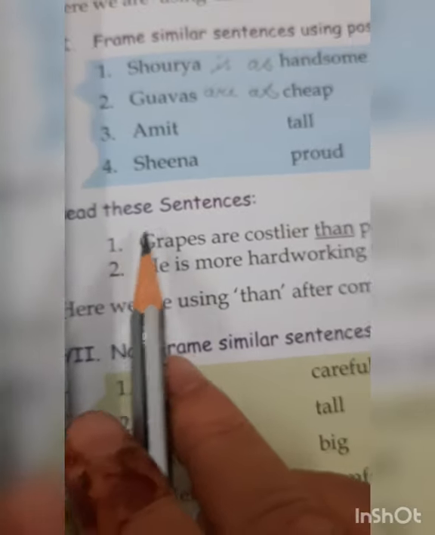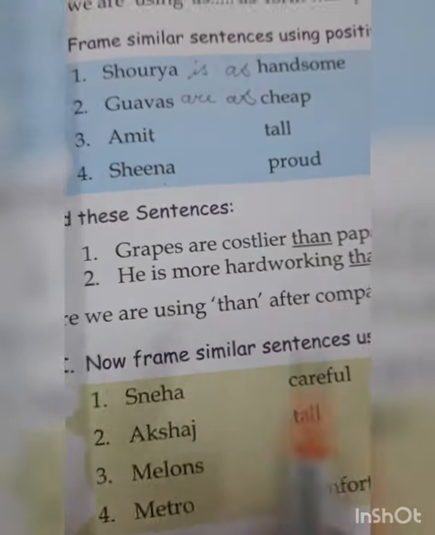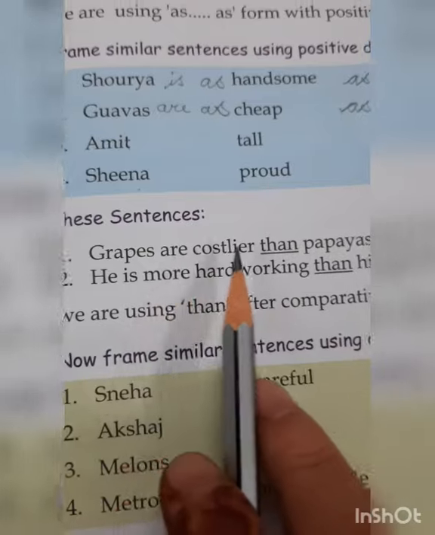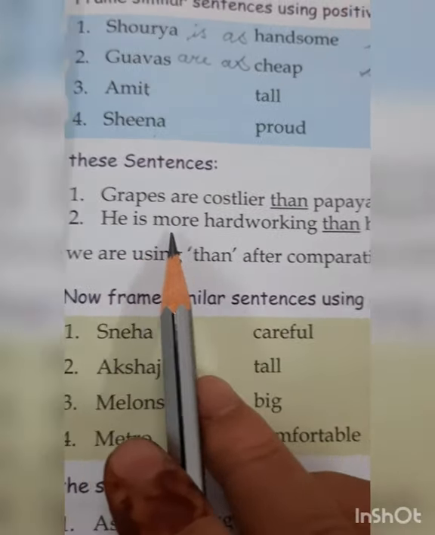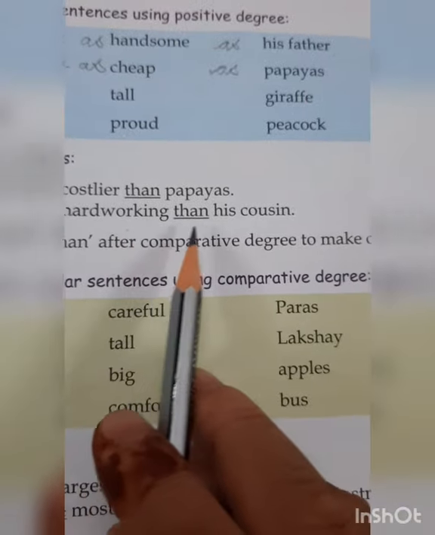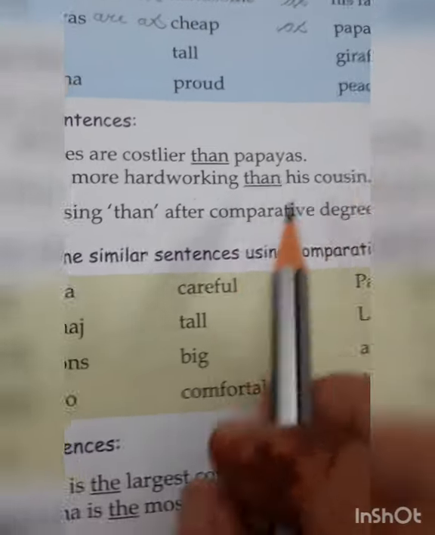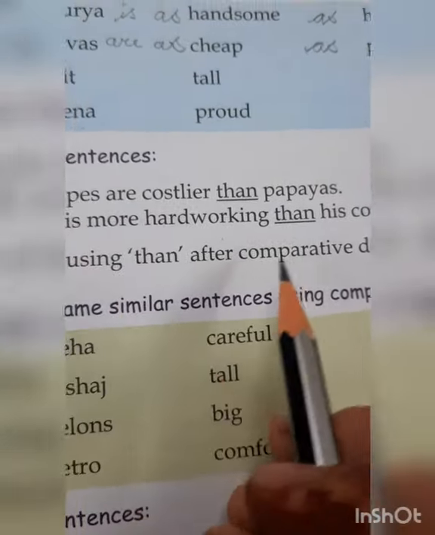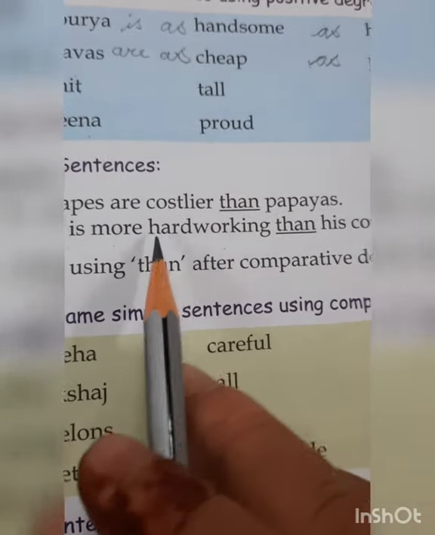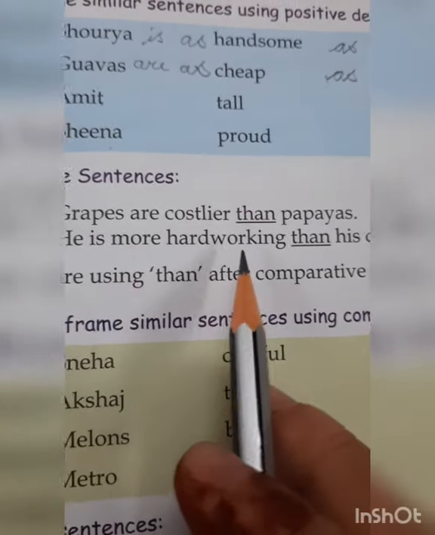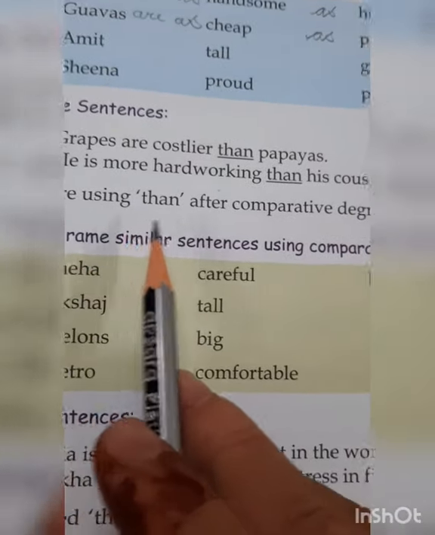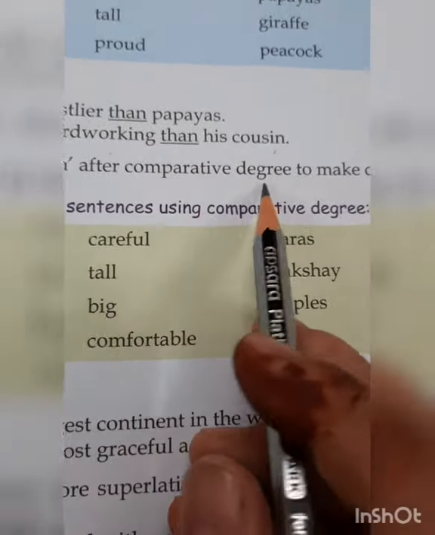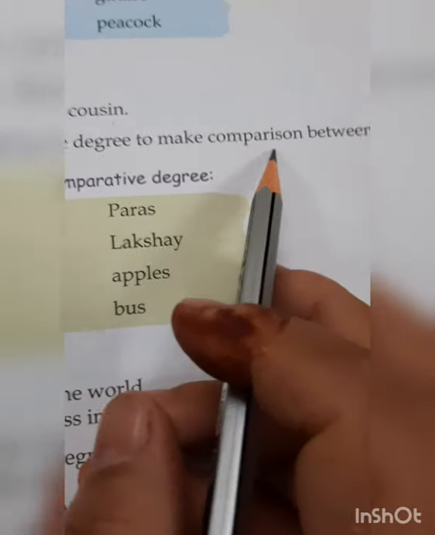Now read these sentences for the next. Grapes are costlier than papayas. He is more hardworking than his cousin. So we are using comparative degree, costlier and more hardworking. Here we are using than after comparative degree to make comparison between two.